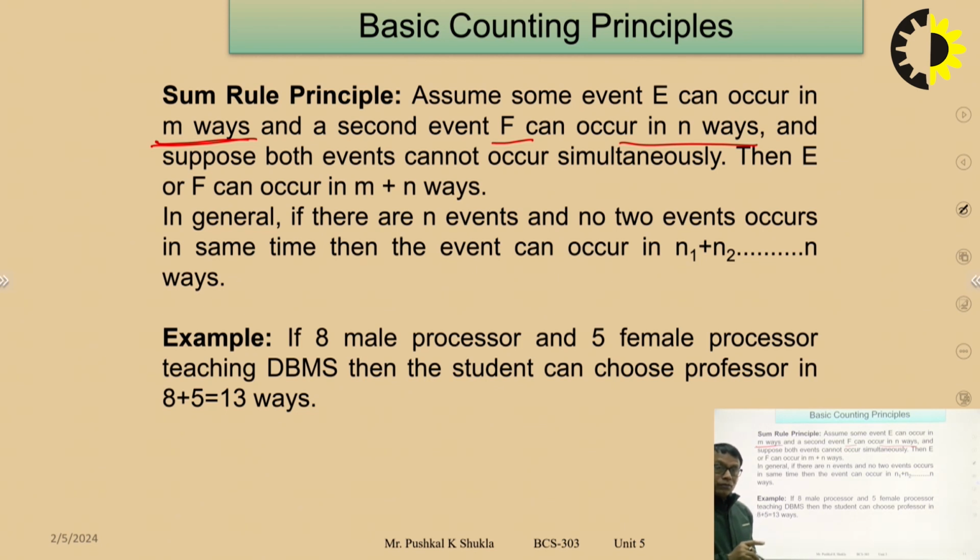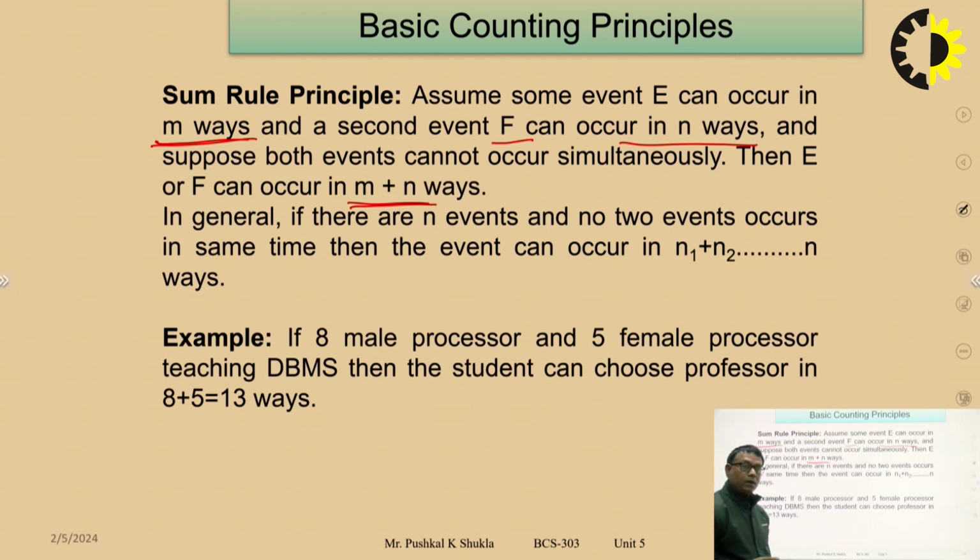In this case, the event E or F can occur in M plus N ways. In general, if there are n events and no 2 events occur simultaneously, then the events can occur in n1 plus n2 plus ... plus nn ways.